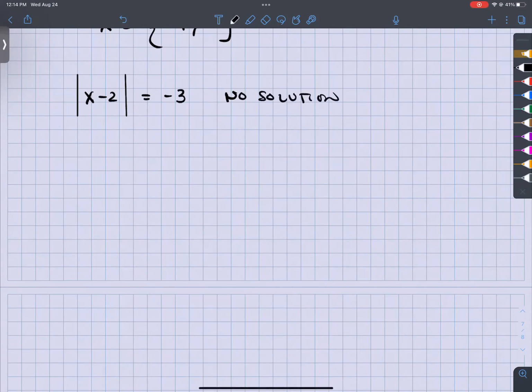Similarly, if I had this, there is no solution, right? Because I can't take a square root of a number and get a -3. Unless it's imaginary. But again, that was cute when you were 5. You're adults now. Grump.